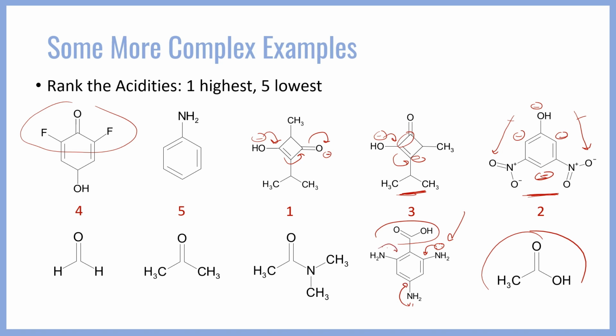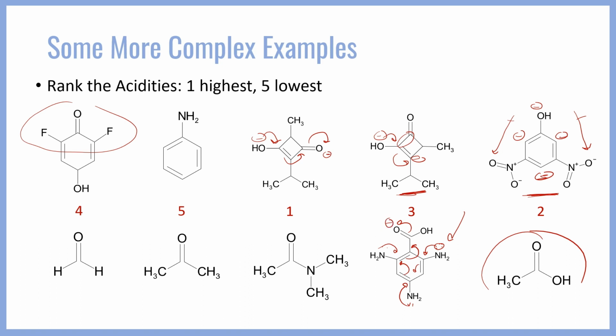So these nitrogens are going to push their electron density, and what we'll see is that they can actually push their electron density into that carbonyl group. They can push it into the carboxy acid group, which is going to give this oxygen a partial negative charge to begin with.